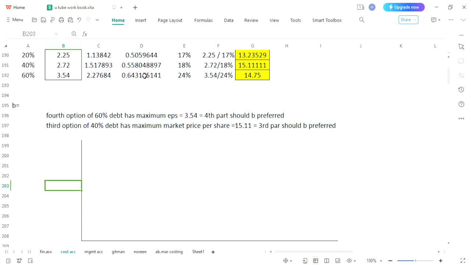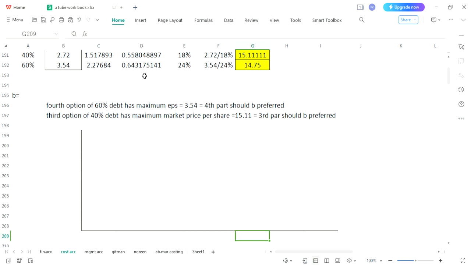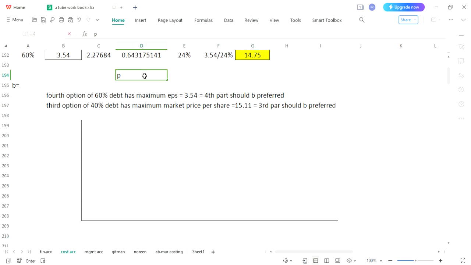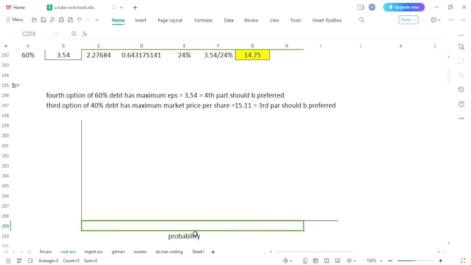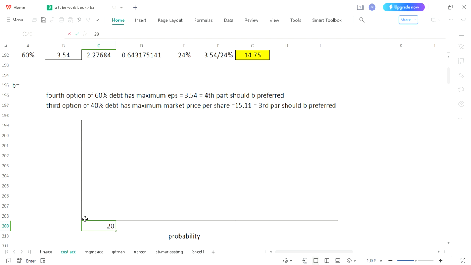Over here we need to put probability on x-axis. We have 0%, 20%, 40% and 60% probability. 0% would be present over here in graphs, and then we need to put 20%, and 0 to 20.